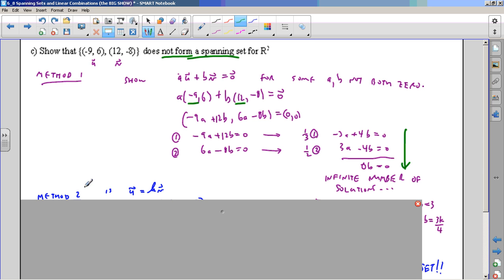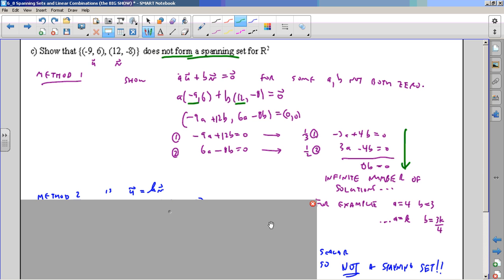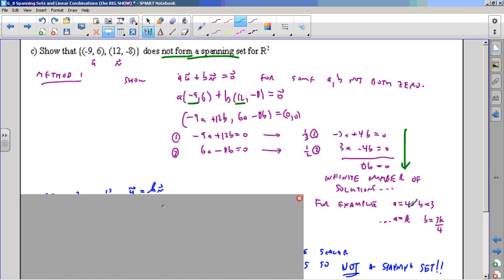And I don't want to spoil my method 2 over here yet, so I'm going to reveal it this way. So for instance, an easy one to say that it's true is we could just swap the a and the b values. So make this 12 by letting a equal 4 and b equaling 3, and then that's going to make 0, right? So that one works. But I could have picked any value for a, solved this equation for b, and I get any value would be, pick any value k.